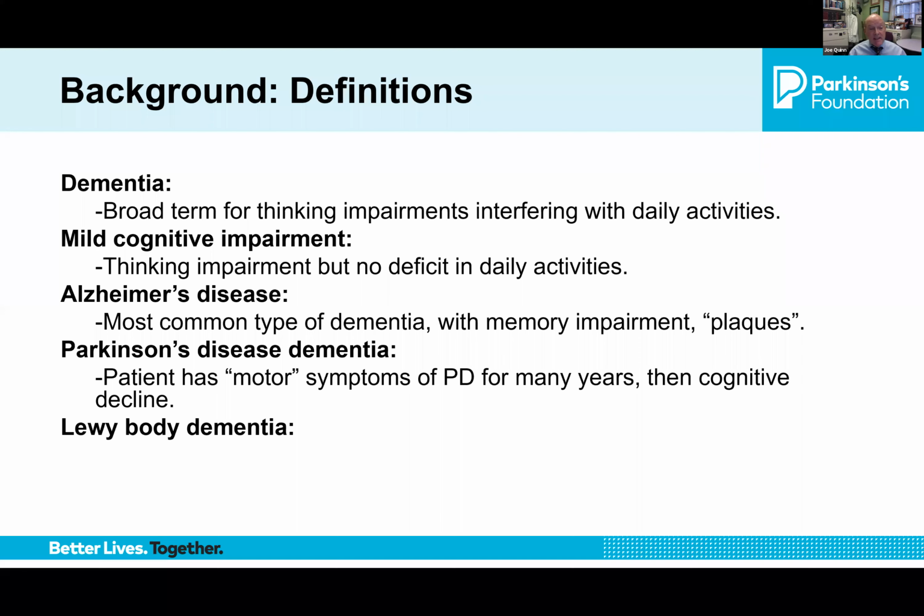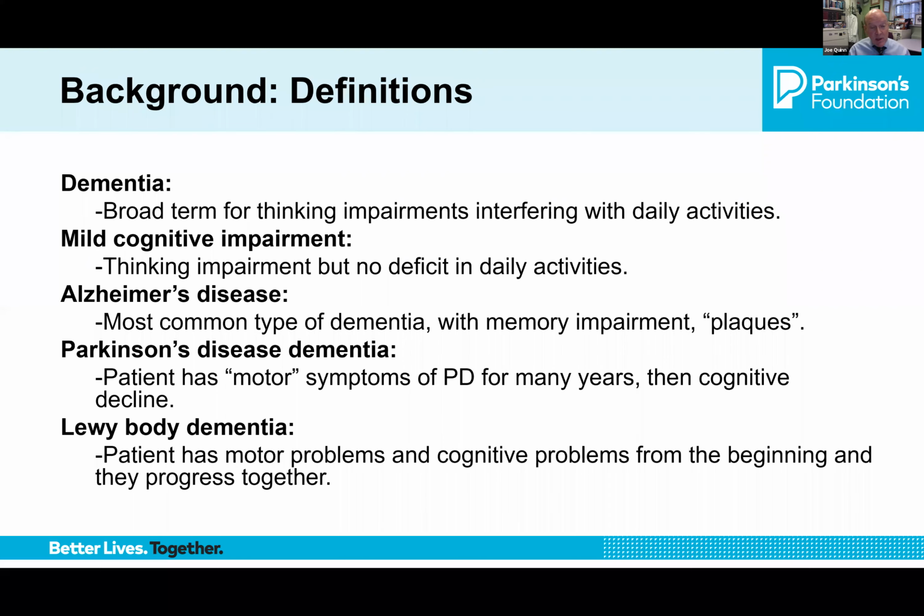There's a second entity, and it sounds like there are at least a few caregivers for people with this last entity of Lewy body dementia. And this is a little confusing, the distinction between Parkinson's disease dementia and Lewy body dementia. In Lewy body dementia, people have symptoms of both Parkinson's and of dementia, but it's different from Parkinson's disease dementia in that in Lewy body dementia, the movement problems and the cognitive problems come on together.